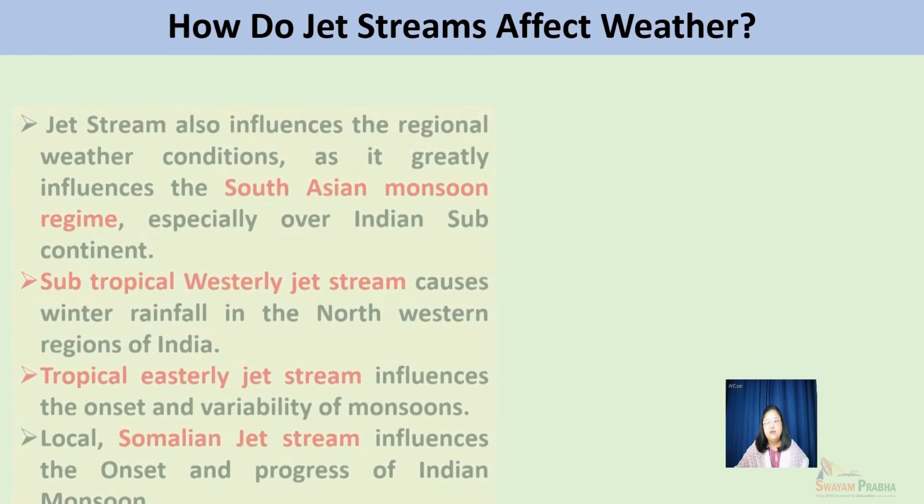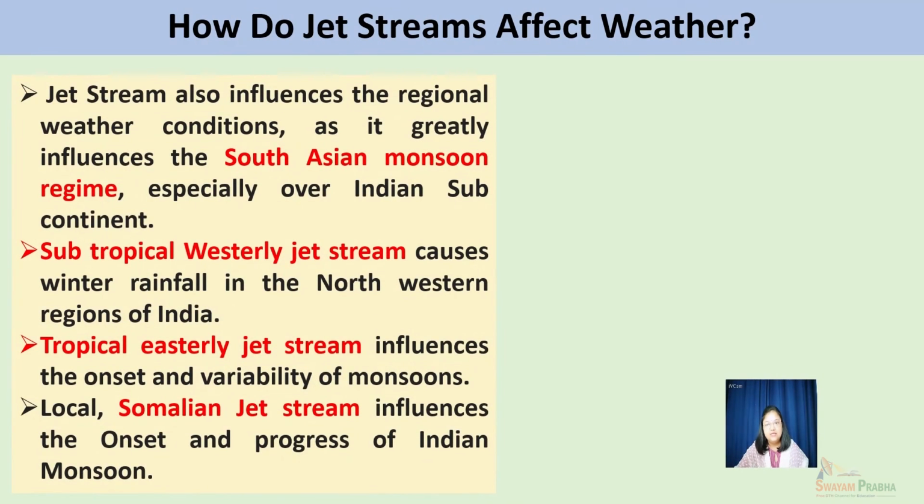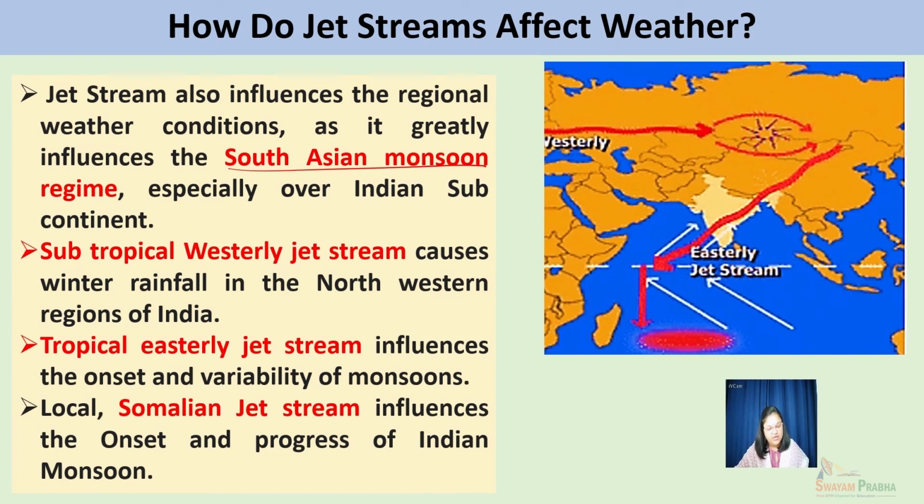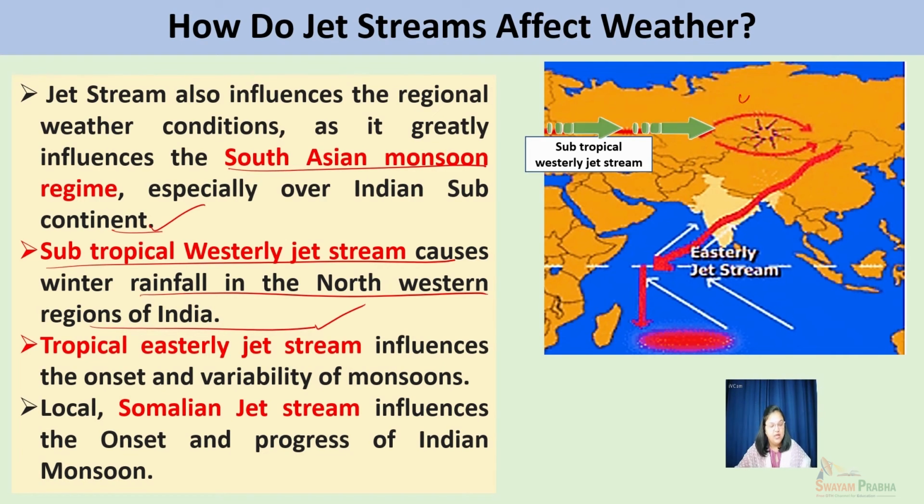So the regional influence of jet streams can be seen as it greatly influences the South Asian monsoonal regime, especially over the Indian subcontinent. We know that the subtropical westerly jet stream, which is often denoted by western disturbances, causes rainfall in the northwest region of India during the winter time period.